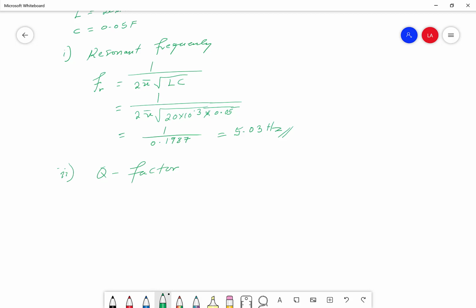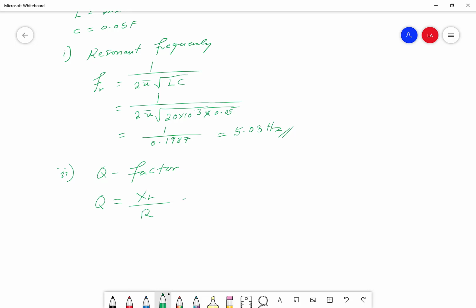So for Q factor, we also know the formula to be Q equals XL, that is inductive reactance, divided by resistance.